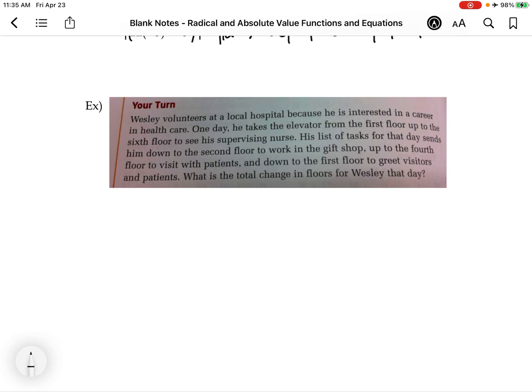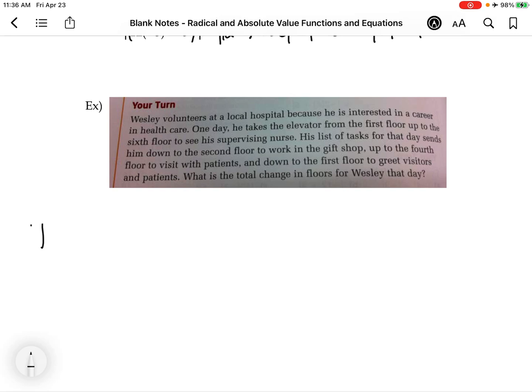So we can work out the total distance that he's traveled, or total floors, using the difference of floors that he's gone in each step, but taking the absolute value of those differences, because then we eliminate any of the negative differences.